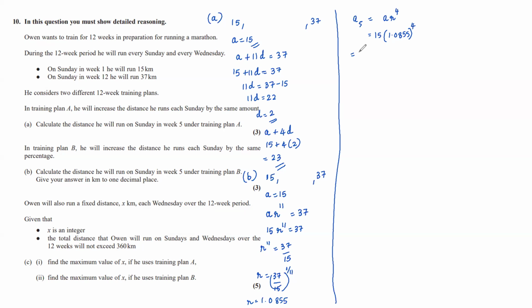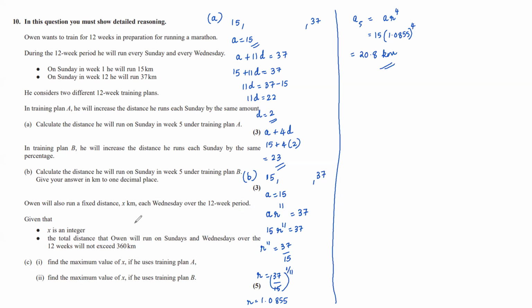So when we put this in the calculator, 1.0855 to the power of 4 multiplied by 15 will give us 20.829. But since we need to represent it as 1 decimal place, 20.8 kilometer will be the final answer for B part.